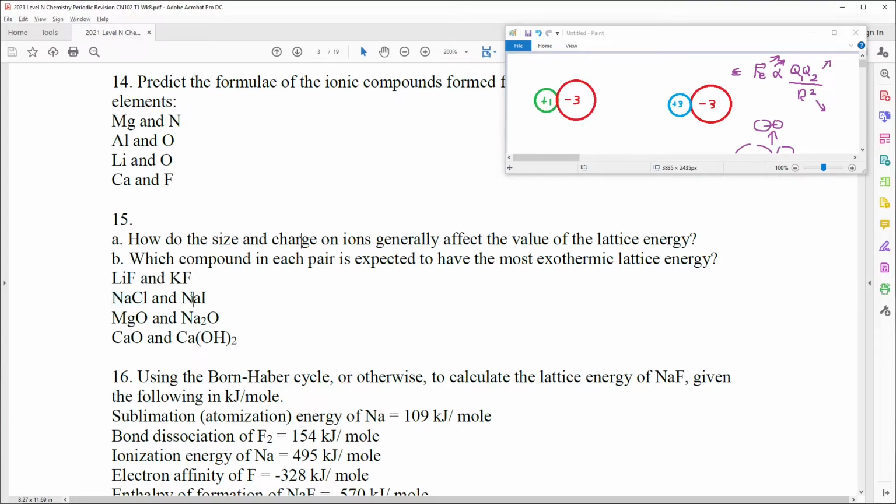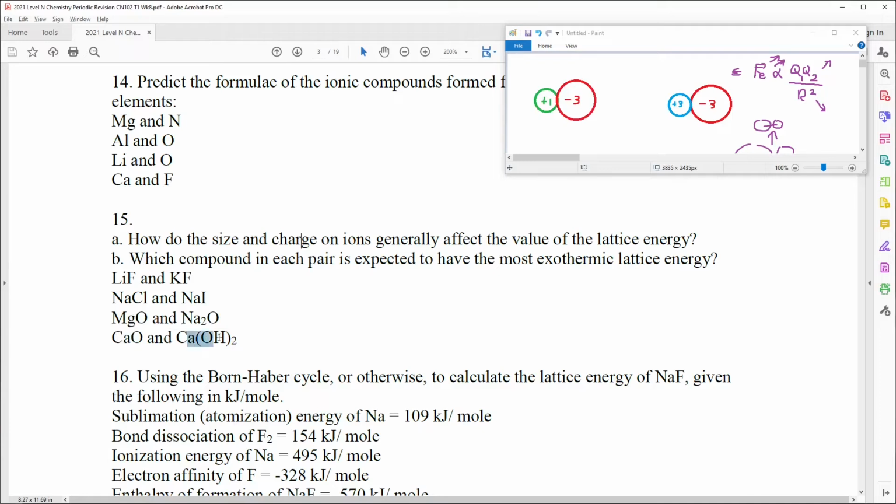Now NaCl and NaI. Again, in this case the cations are the same, so the anions are what you should be looking for. Cl is smaller than I, so immediately NaCl is more exothermic. MgO and Na2O, again same anion, so you look at Mg and Na. Here it's Mg2+, here it's Na+, so your charge saved you some time by immediately saying this is a greater charge, so greater lattice energy, more exothermic lattice energy than the Na2O.